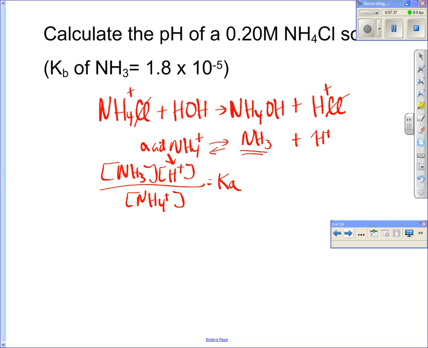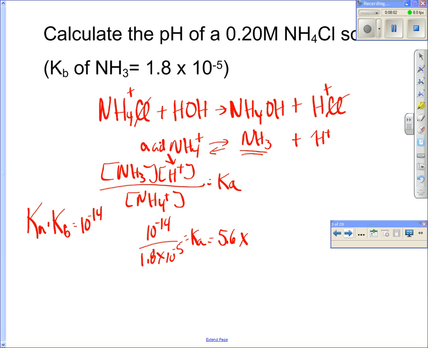So again, Ka times Kb, acid and conjugate base, is equal to 10 to the negative 14. So if I take 10 to the negative 14 and divide it by my Kb, 1.8 times 10 to the minus 5, that's going to give me the Ka that I need. A quick, simple calculation, that's 5.6 times 10 to the minus 10.